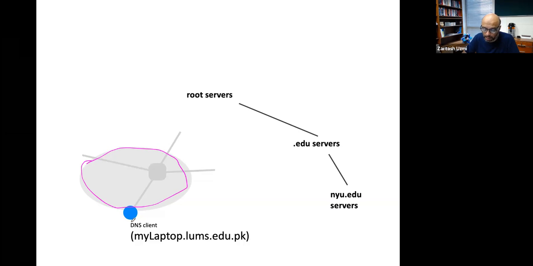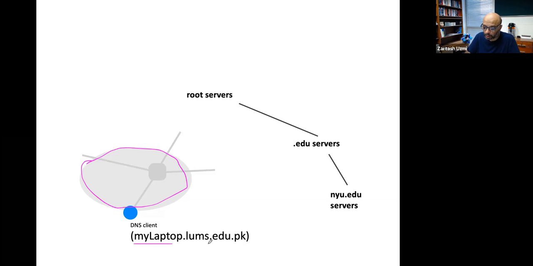And in my browser, I type some address, some machine pink.nyu.edu, okay, which means there is a machine on NYU's network, but I need to find the IP address of that.